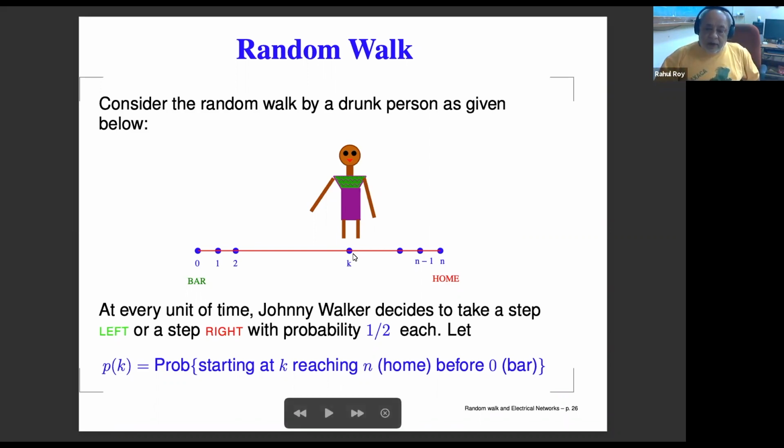So now starting from k, what is the probability that starting from k, Johnny Walker reaches home, which is n, before the bar, which is 0. Let me call that pk. We want to first calculate this and see how we can use electrical networks and other things for this study.